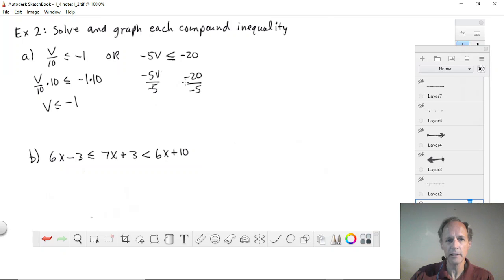We stop and think, oh, we divided by a negative. We must turn that around. It was less than or equal. It becomes greater than or equal. And so we get v greater than or equal to -20 divided by -5, which is 4. So those are the solutions. v less than or equal to -1, or v greater than or equal to 4.